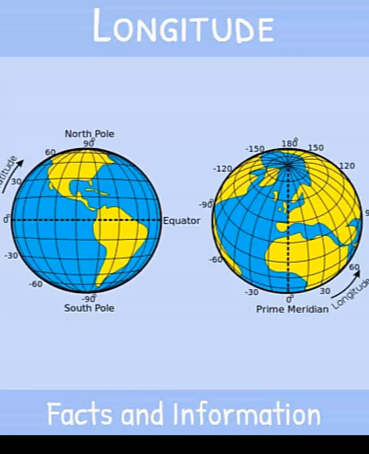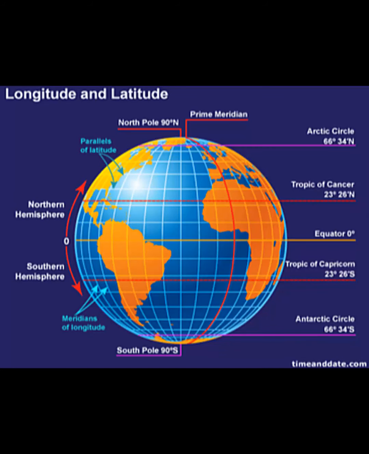Latitude lines, which run horizontally around the earth, allow mariners and pilots to know how far north or south they are from the equator. We can measure the distance of any place from the equator based on its degrees of latitude. Now next part. Clear everyone?